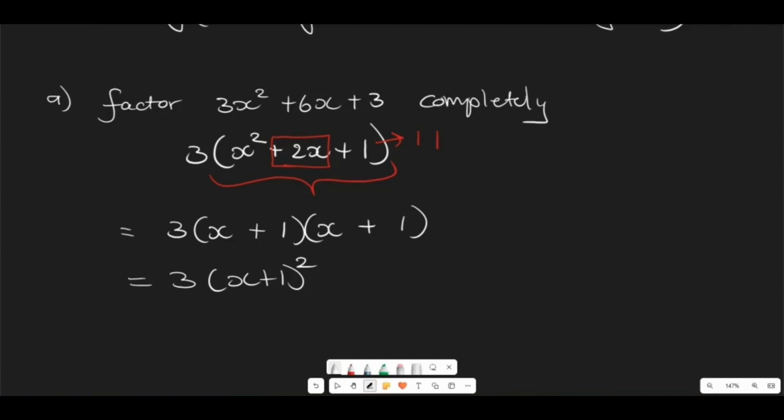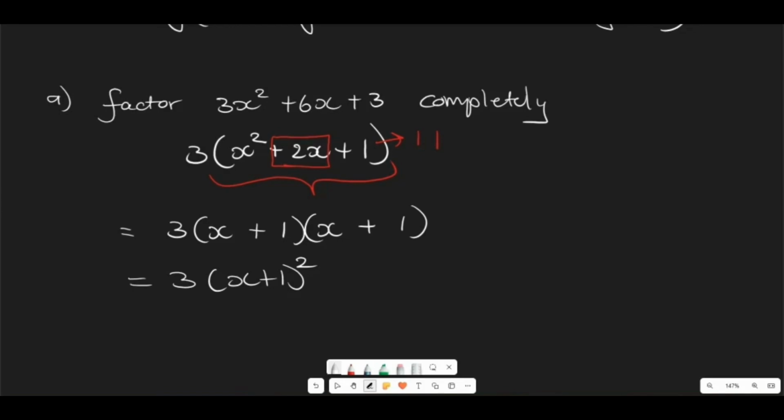Okay, so in the chat, we have students asking if we are allowed to use the quadratic formula, right? So please, please, please do not make this mistake, right? Do not use the quadratic formula if it's not an equation. This is just an expression.